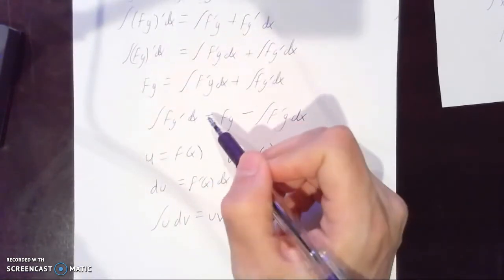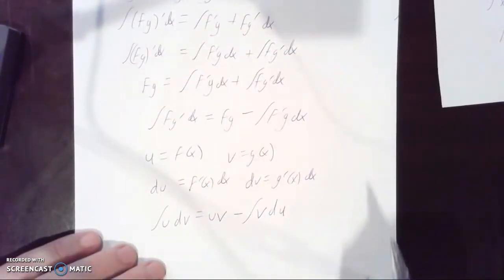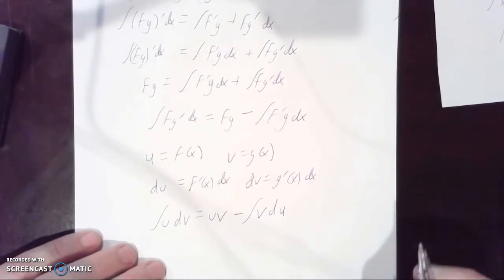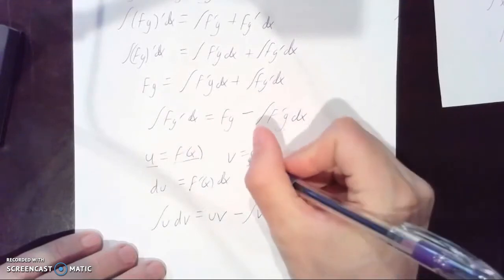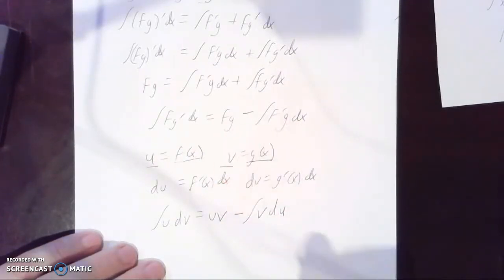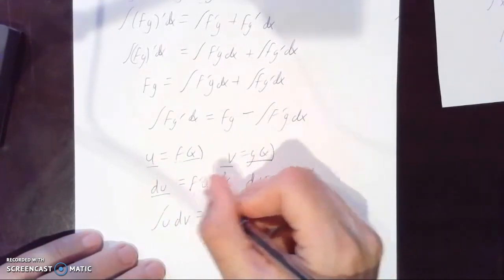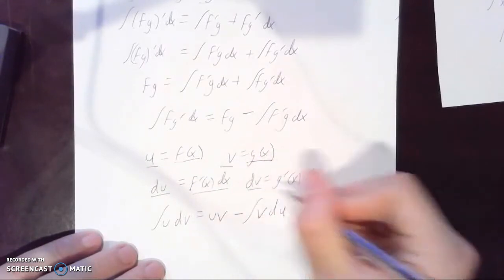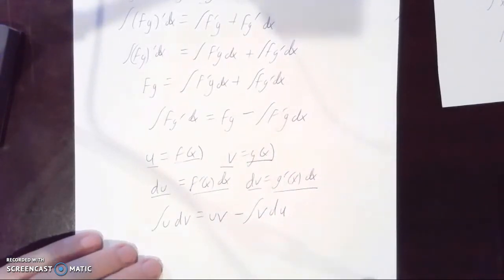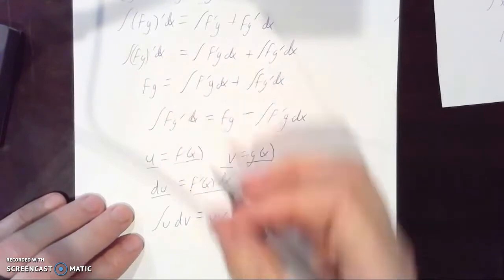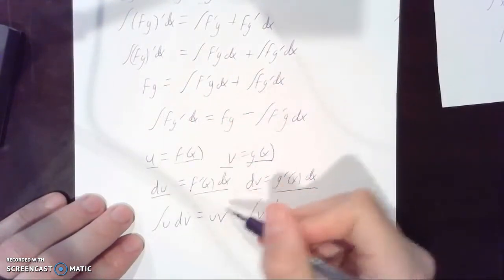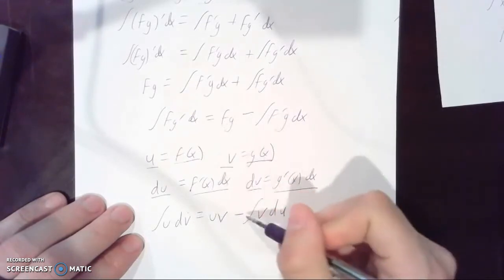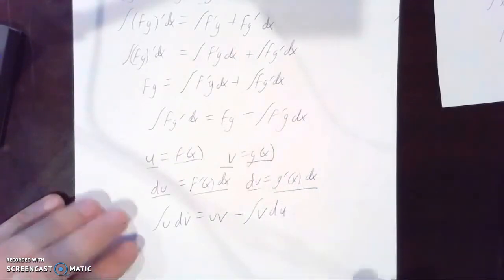That's just a little messy, but this is our integration by parts formula that we're going to end up with. The way you usually see that written is we're going to rewrite f of x as u and g of x as v. Then du is f prime of x dx, and dv is g prime of x dx. So this formula becomes exactly the integral of u dv is uv minus the integral of v du.